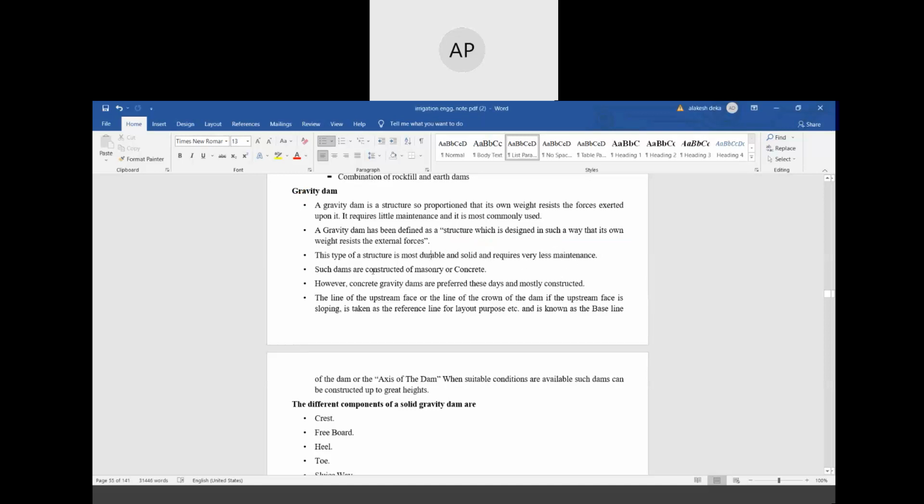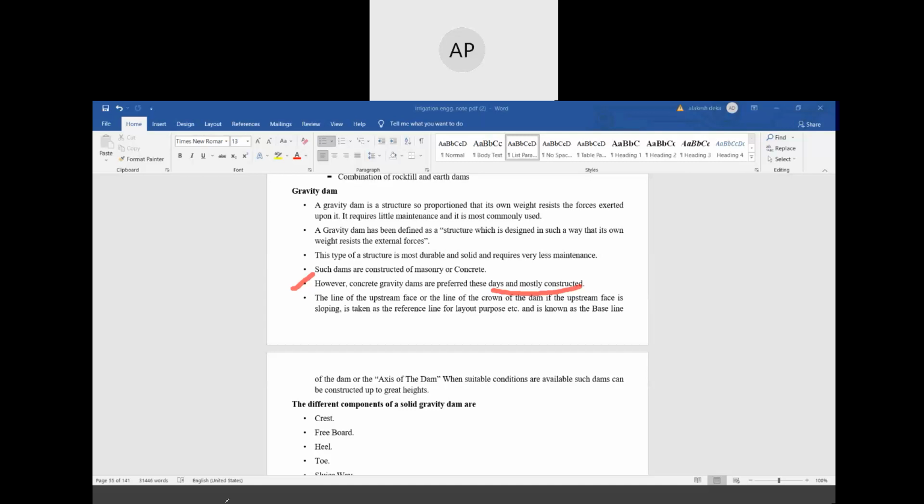Such dams are constructed of masonry or concrete. However, concrete gravity dams are preferred these days and mostly constructed across rivers, because they need less maintenance.